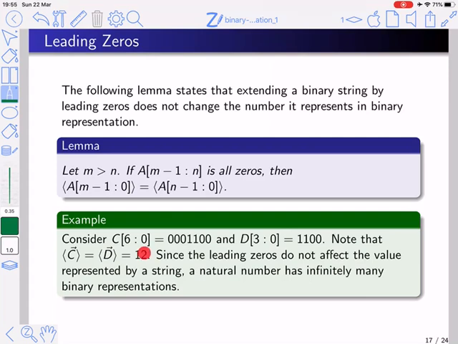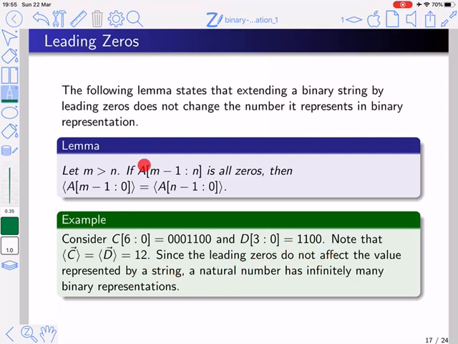And in both cases, the strings represent the number 12. Namely, the fact that I wrote the zeros to the left, and by left I mean in higher indices, because you can see that as I go to the left, I'm increasing the indices. So, as I added leading zeros, I did not affect the value that is represented by the string.